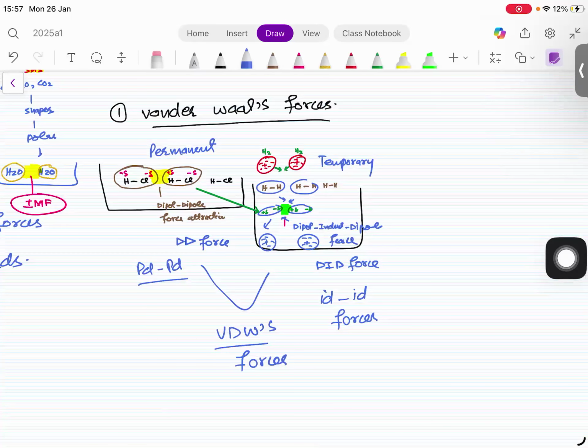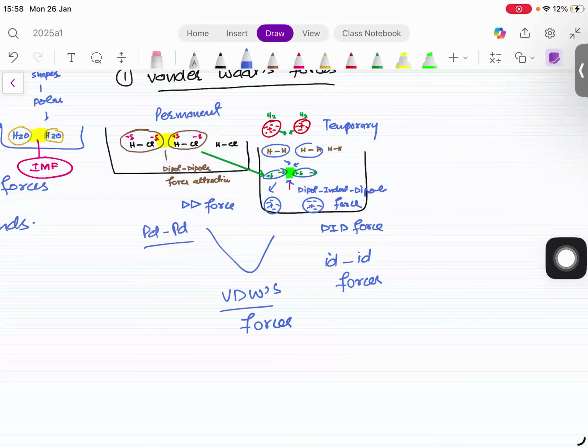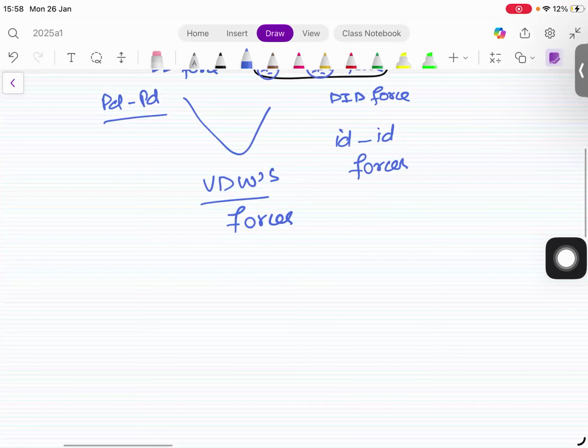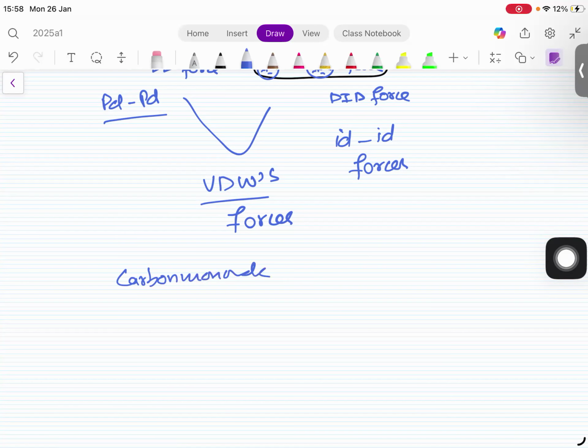So this is how you look at the VDW. Now, if the examiner asks you, for example, about carbon monoxide, CO, and another molecule, nitrogen gas. These are the two gases.